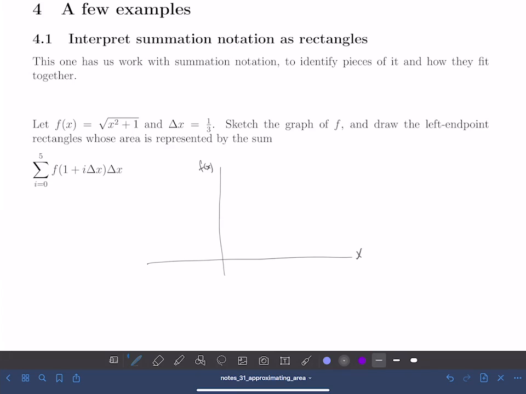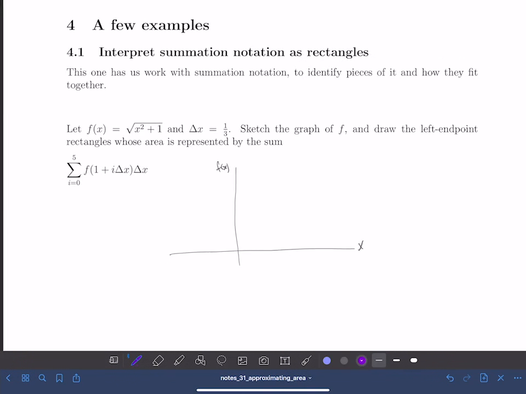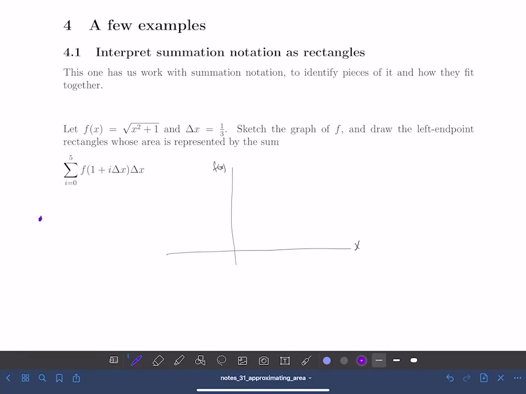To recognize the area, I need to know f, I need to know my interval, a to b, the number of rectangles, n, and whether it's left or right.